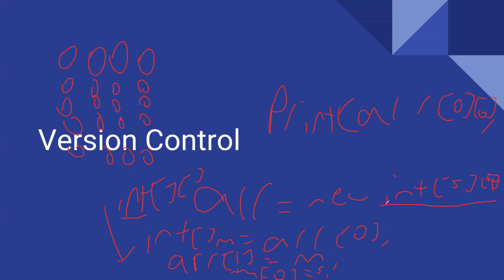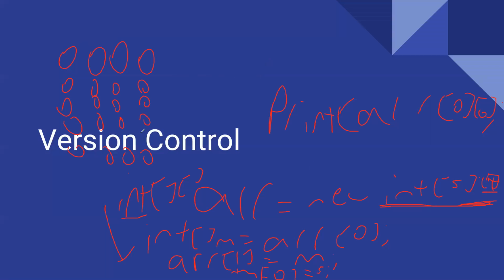That's only because this declares and initializes everything. If we just did new int 5, that would basically be 5 nulls, because I didn't specify what my other array is. But because I did, this actually creates the arrays. So that's why we get it filled with zeros.